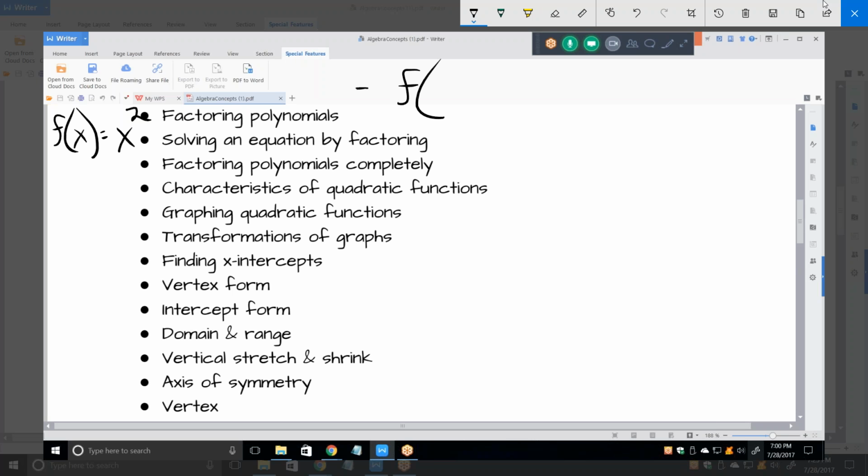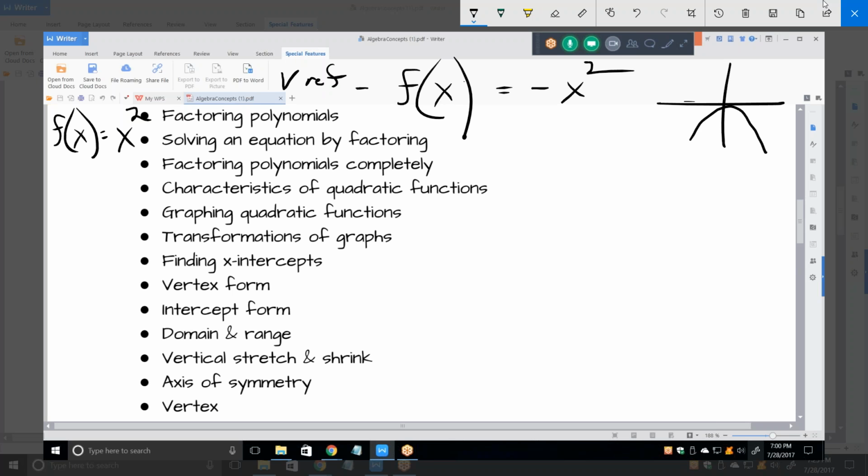Well, in fact, let's cover all of the vertical transformations. Notice that the minus sign is outside the f of x, which is like that. That is a vertical reflection, like that. Okay? That's a vertical reflection.